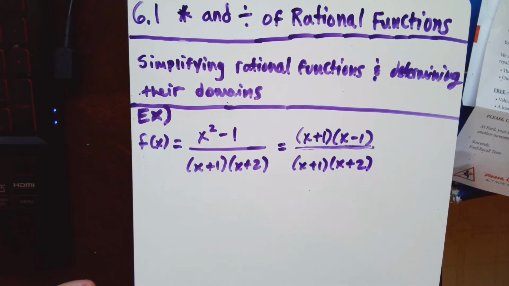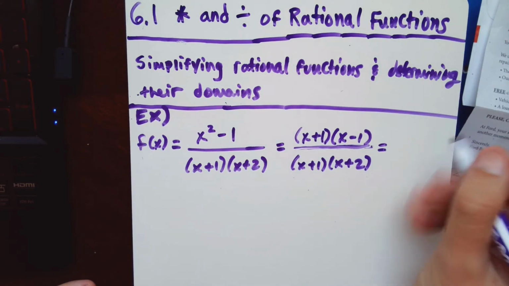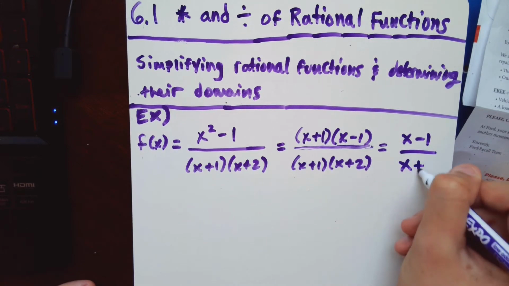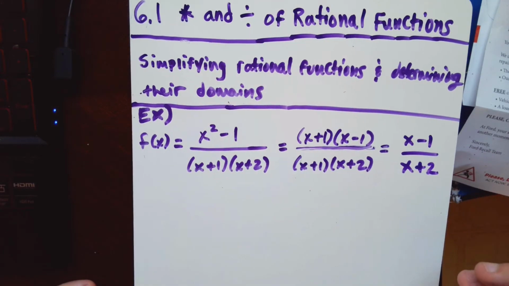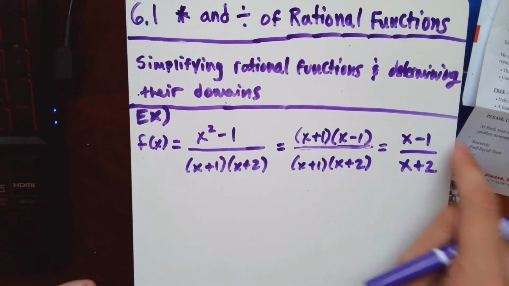Now, it's very, very tempting to just say that this equals x minus 1 over x plus 2. And that's fair. It's a little bit informal, though. And here's the reason why. Let's suppose that we just rename this function g of x.